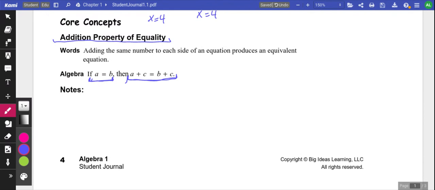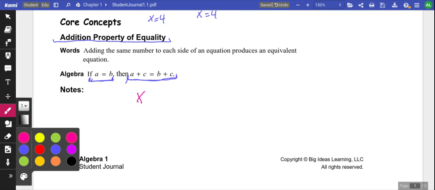Let's see it in numbers, because most of us think that's easier. Let's say we've got the equation x minus 7 is equal to 13. If we're trying to find the solution, what x is, we want to add 7 to both sides. We've got x minus 7 plus 7 is equal to 13 plus 7.